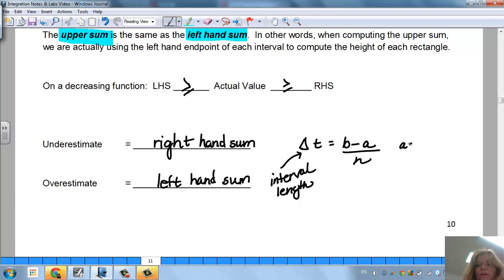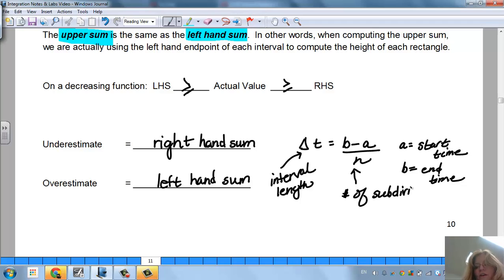A is our start time. B is our end time. And n was the number of subdivisions. When we first started out, I said this is the number of rectangles we have, which it is. It's the number of subdivisions.